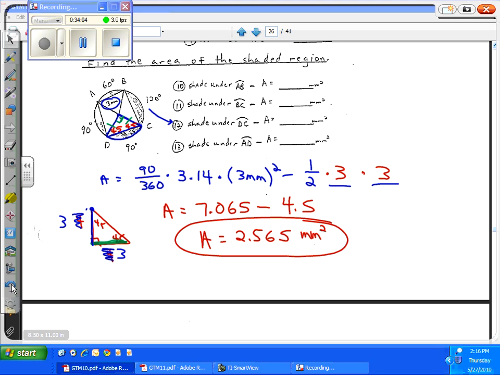Any questions on those? We did one of the arc lengths, found a percentage of the circumference. We did one of the areas of the sectors, found the percentage of the circumference, and we found one of the little shaded regions here.